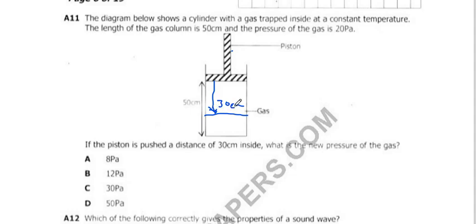This is 30 centimeters. Then what is the distance from here to where the piston is? At this point we are going to have a distance of 20 centimeters. Am I right? 20 centimeters. So firstly, grade 12s, do you think the pressure will increase or the pressure will decrease?